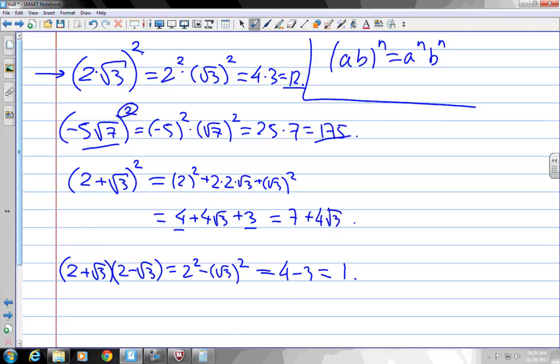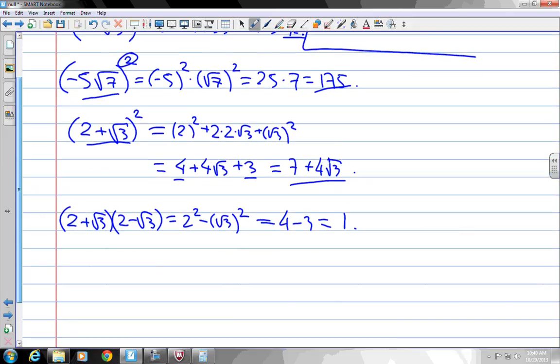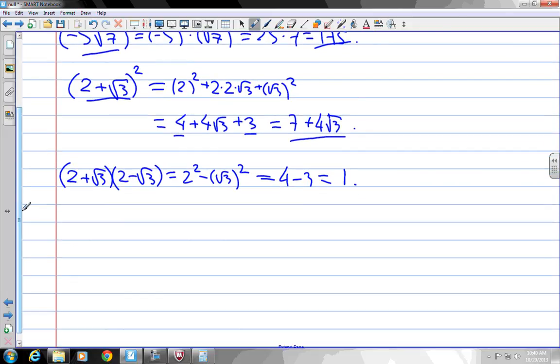You see that? Start with the rational squared. 175 is an integer. It's a rational number. While here, 2 plus square root of 3, that's an irrational number. And I squared it, and I still got irrational back. So simply squaring an irrational number does not necessarily get rid of the irrationality.